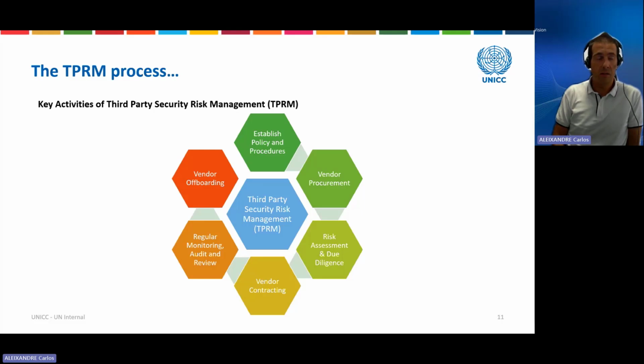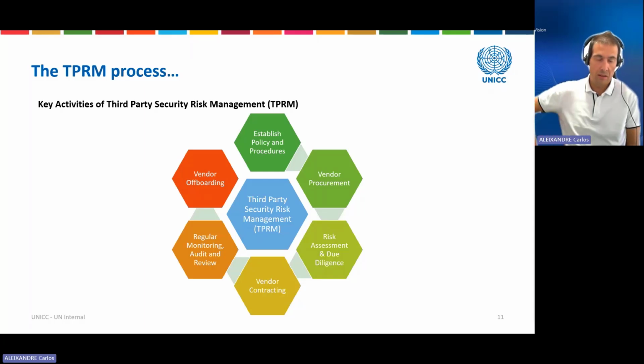And also one other thing that you may want to consider to define when you establish the policies and the related procedures is the frequency that you may want to perform the review of your suppliers, right? So we know that, for instance, for critical suppliers, you want to do a very deep risk assessment. But on top of that, we need to review them on a regular basis, right?